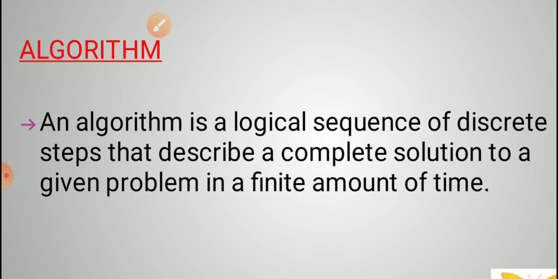The algorithm should terminate after a finite number of operations. So, what is an algorithm? I hope you understood. An algorithm is a logical sequence of discrete steps that describe a complete solution to a given problem.